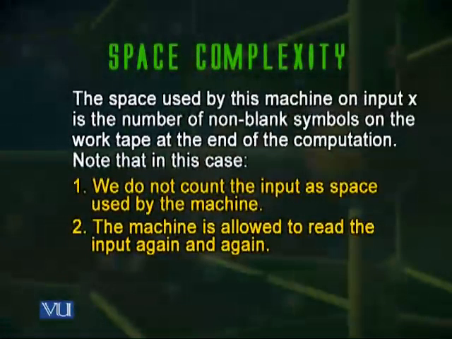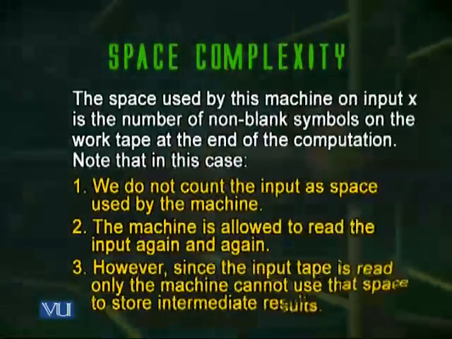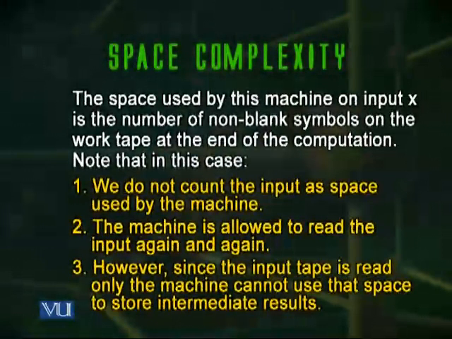The second point to notice is that the machine is allowed to read the input again and again. So this means the machine can go back and forth over the input and read it again and again. However, since the machine is not allowed to write over the input, it's a read-only tape, therefore it cannot use that part of the input tape or the input tape to store any intermediate results.